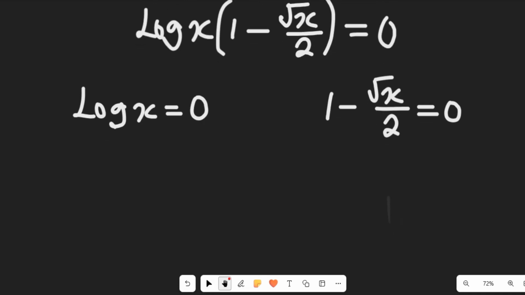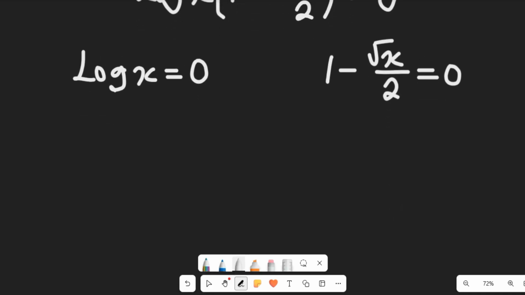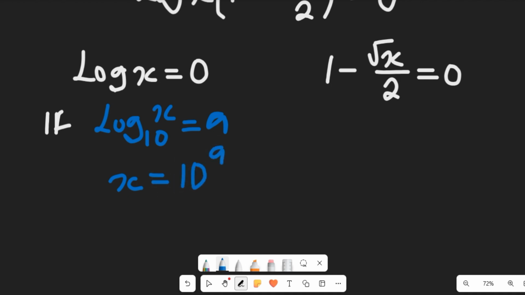Now, if I simplify this, remember from this expression, if I have the log of x base 10 to be equal to a, so that means that expression, then I can have my x to be equal to 10 to the power of a, right?